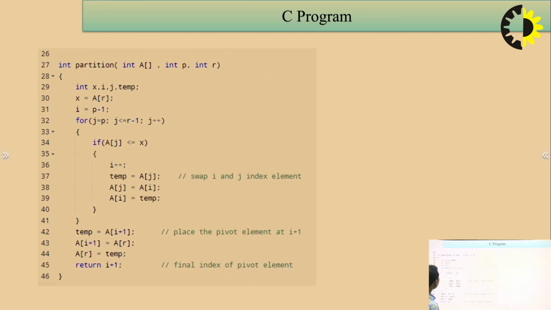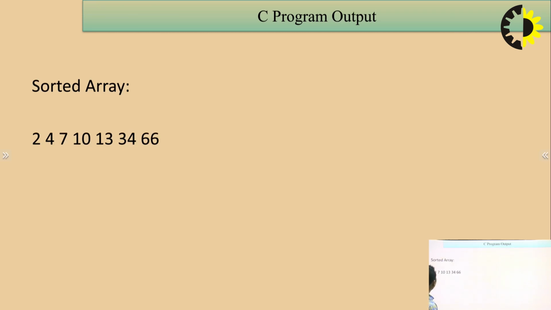The process repeats, and after all of it we get the sorted array: 2, 4, 7, 10, 13, 34 and 66. Now we can understand the whole scenario with an example.